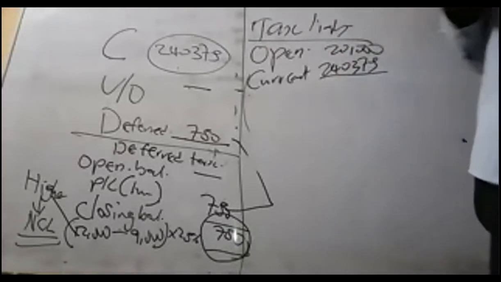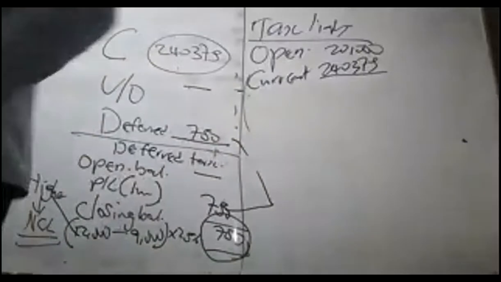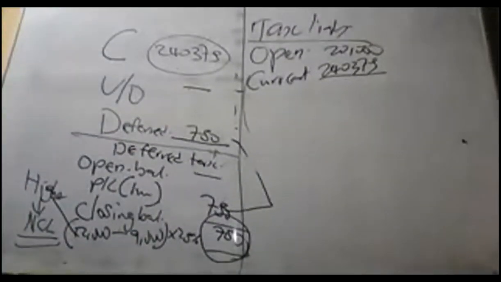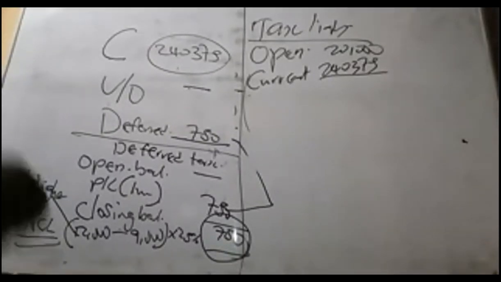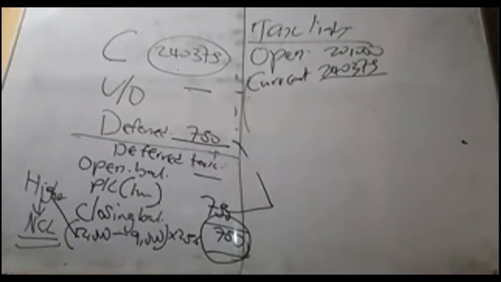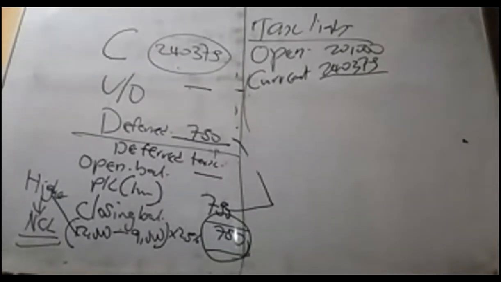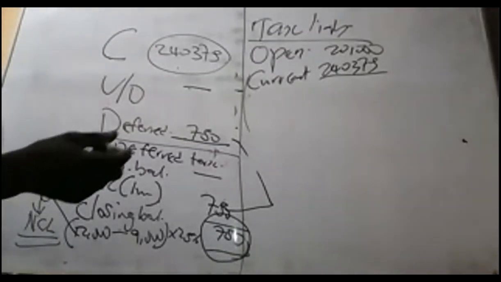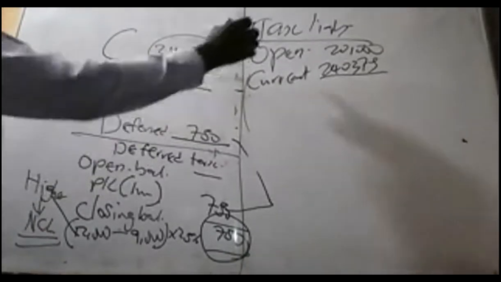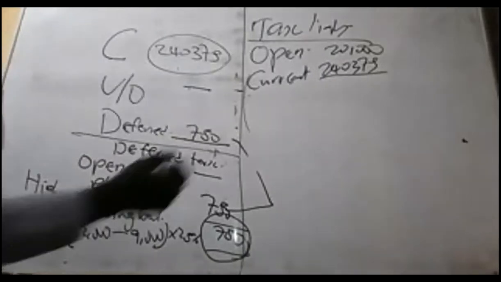So if I should end here, what will be the total provision? Okay. Here, the open balance is 20,000. During the year, we've made additional provisions, so that will increase the amount that we owe the tax authority. The current year tax is an estimate that we do. So it's a provision, we've not paid. You add the two together, then get 260,375.